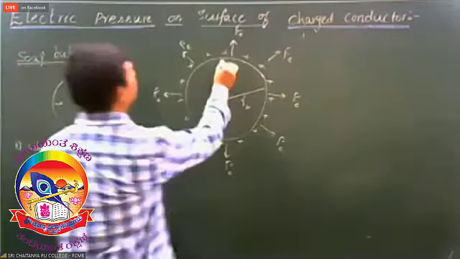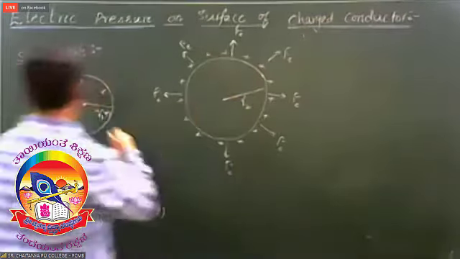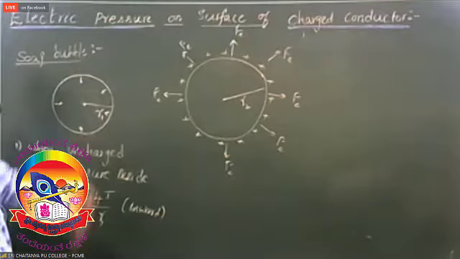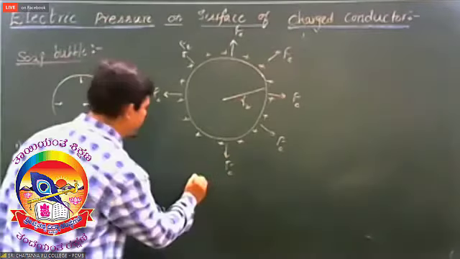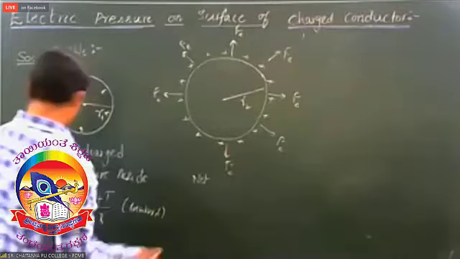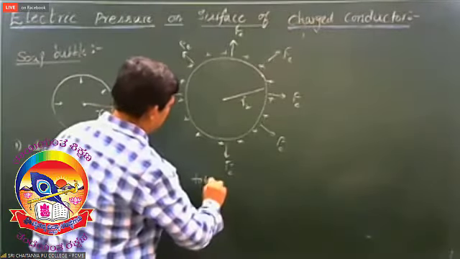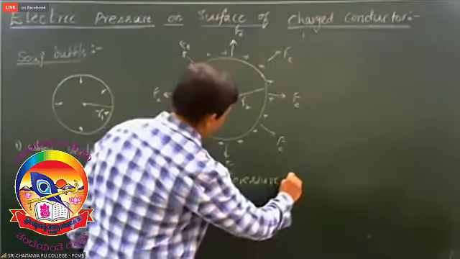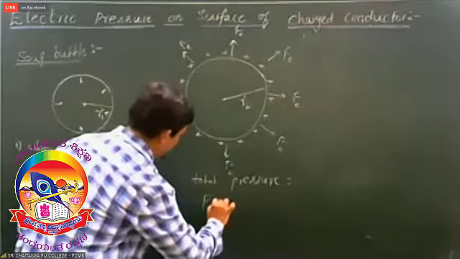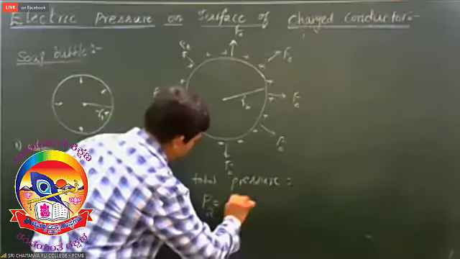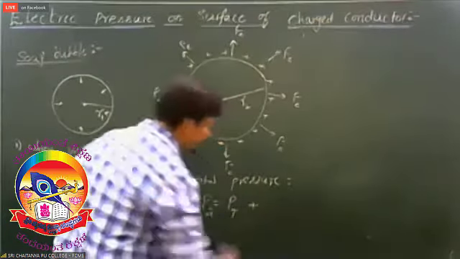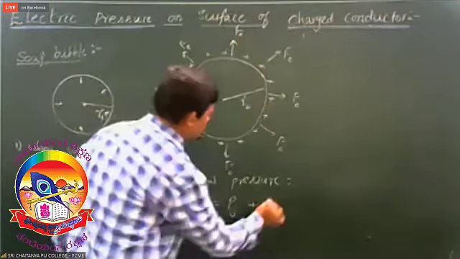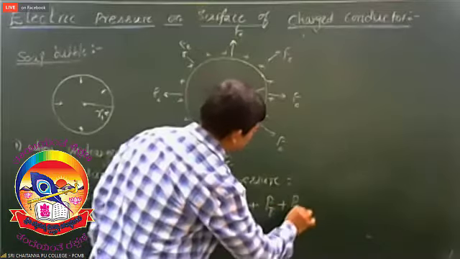In this case, there is an inner pressure and an outer pressure, which is due to charging. So what is the net pressure here? Total pressure P. Pressure due to surface tension, P naught plus pressure due to surface tension plus electric pressure.